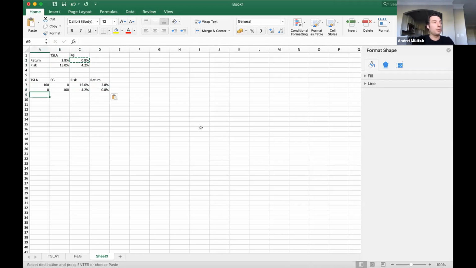And now I will be doing a very simple thing. I will be building 100 different portfolios, basically with all possible combinations with a 1% step.